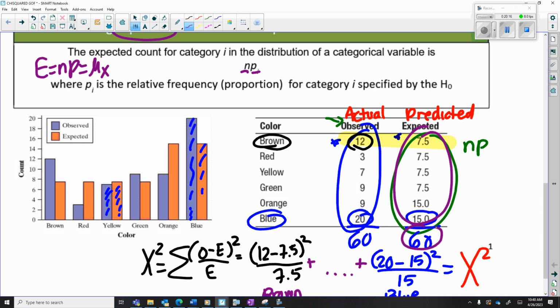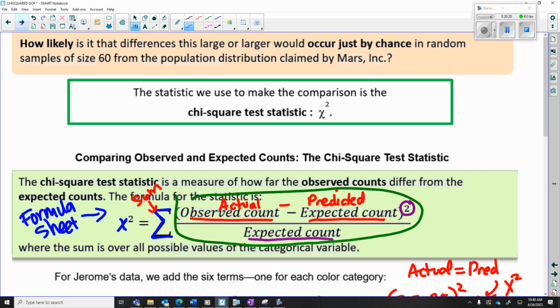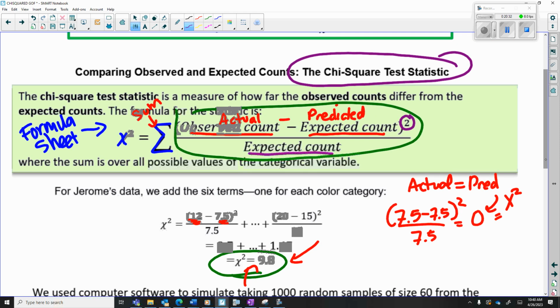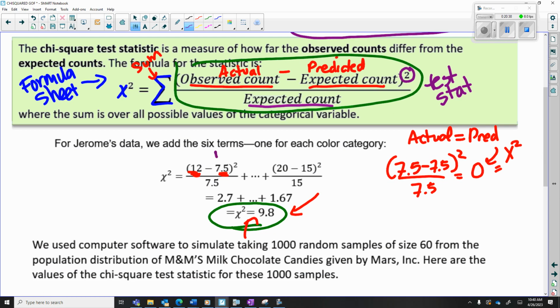So I just want to remind you, we would put all of this together in the form of PHANTOMS. We would do our population of interest, our hypotheses, we would do all of our assumptions. The name of the test would be called the chi-squared test for goodness of fit. And then we would proceed showing our formula for our test statistic, which is right here. Then we would show the number plug-in of at least the first term, dot, dot, dot, and then the last term.